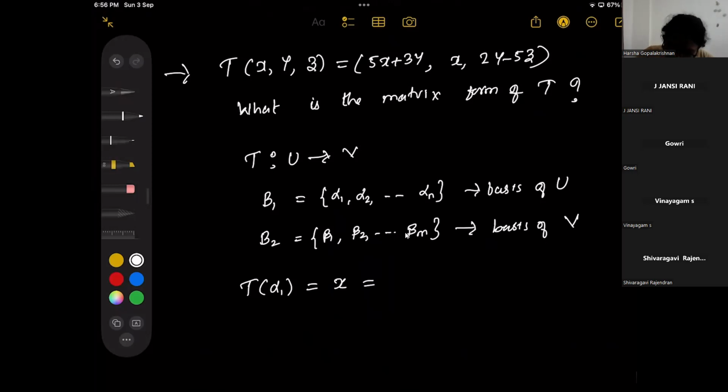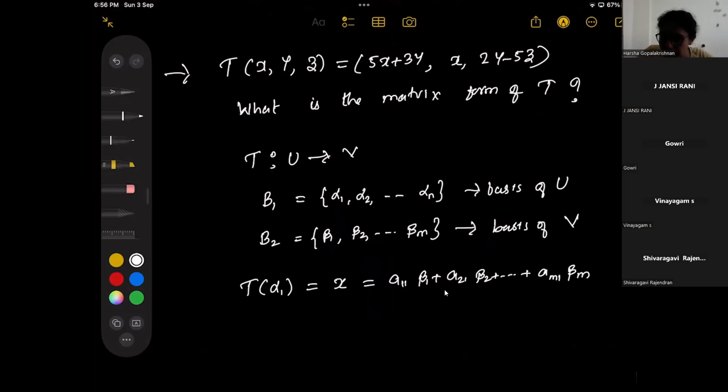So if I am writing it as A11 beta 1 plus A21 beta 2 plus etc. AM1 beta m, this representation is actually unique.